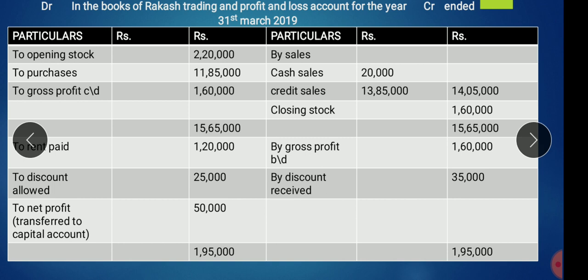This value is known as net profit. The net result shown on the debit side of the profit and loss account means net profit, and the net result shown on the credit side means net loss. But in this case, the net result is shown on the debit side of the profit and loss account. So the net profit is 50,000.